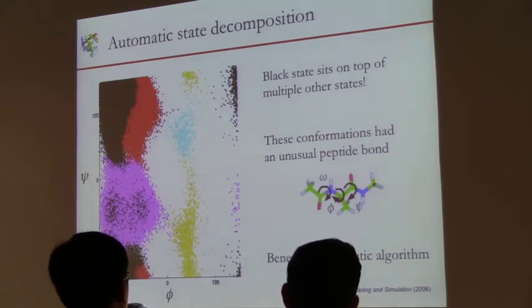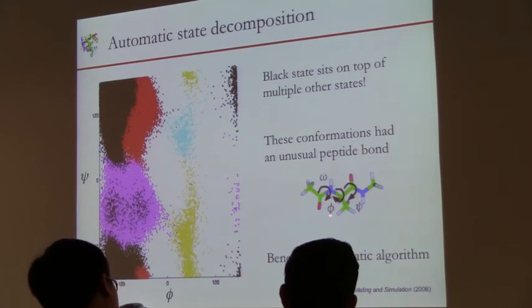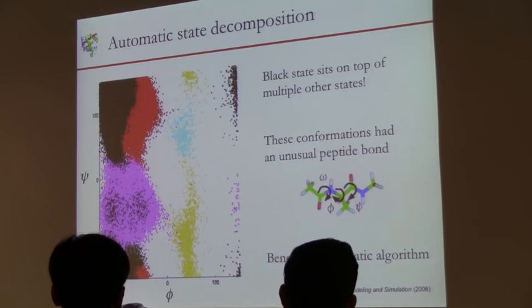So they considered this short peptide with 3 amino acids. They introduced 2 collective variables, which are just 2 dihedral angles, which makes sense for peptides and proteins. They projected all points in the configuration space that the system has visited onto these 2 dimensions, and they colored them according to the Markov state to which they are assigned.